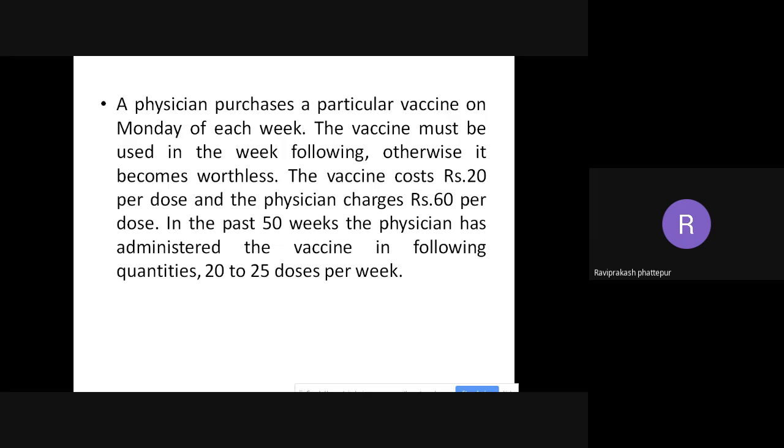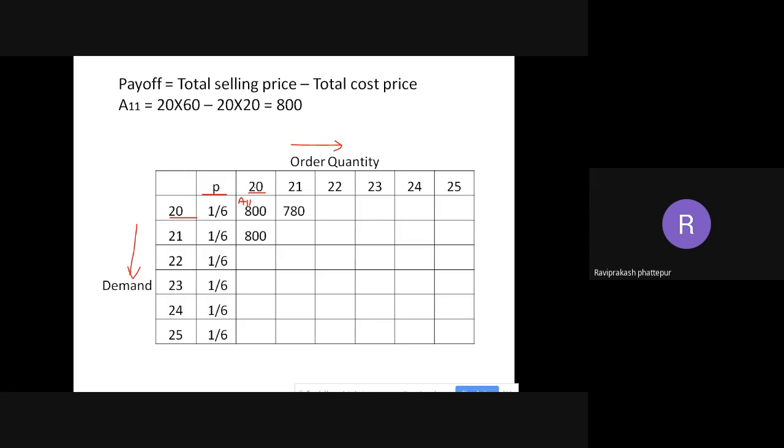Cost price is 20 and the physician is charging a selling price of 60. So total selling price minus total cost price: I am selling 20 doses, so it is 20 into 60 minus 20 into 20, and I am getting 800. So that is 800 at A11.